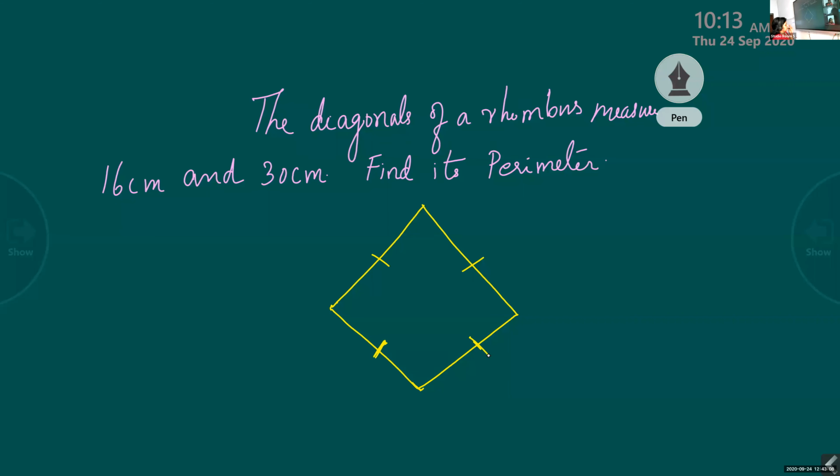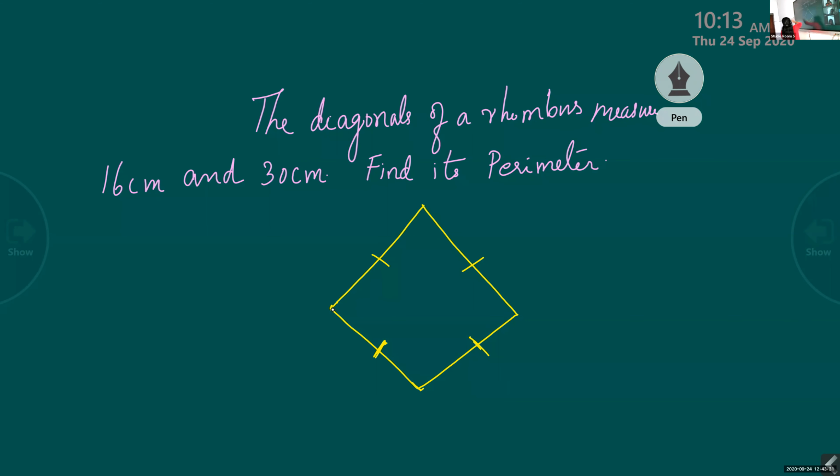What is a diagonal of any figure? Do you remember? The line joining one vertex to its opposite vertex.